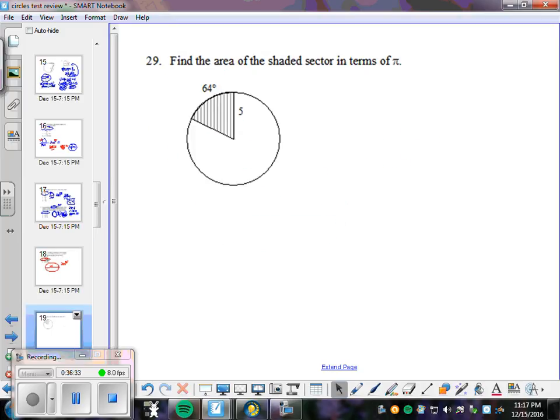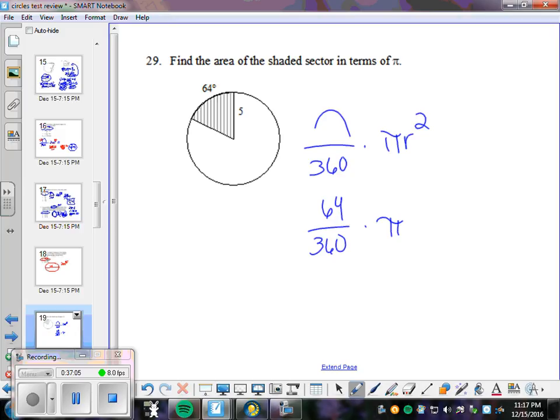Now the area of the sector. Okay, so now we're going to do area of a sector, which means we have to take the arc divided by 360 times the area, pi r squared. Okay, so you have the piece of the pie, so it's going to be 64 over 360 times pi 5 squared.